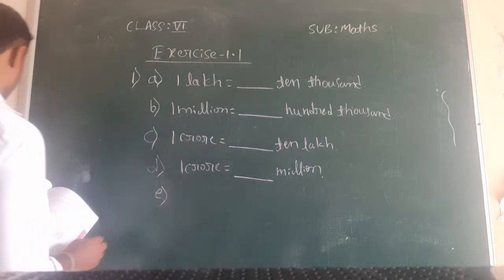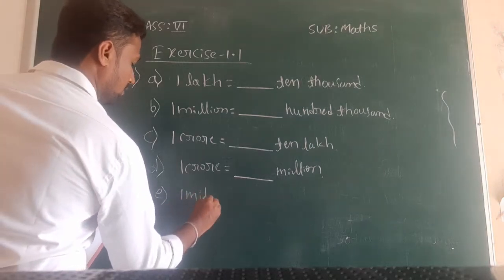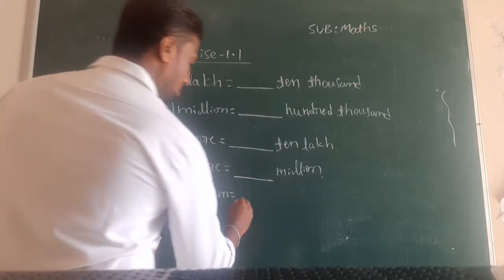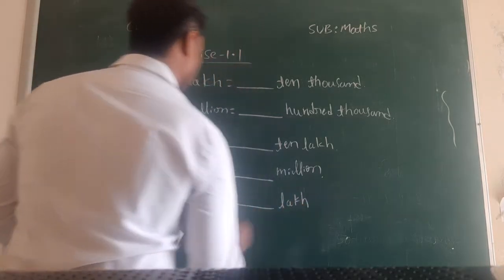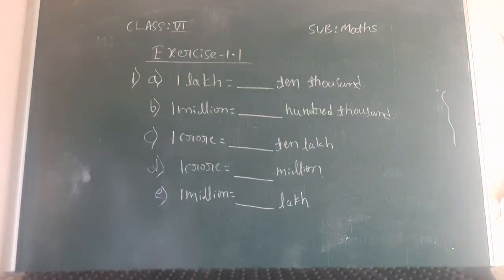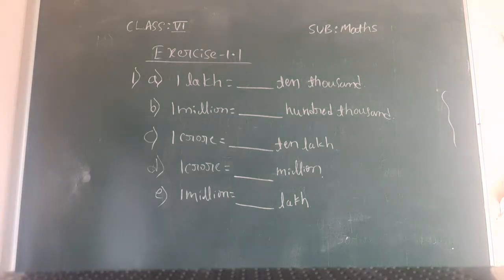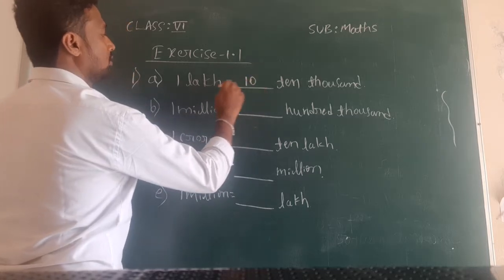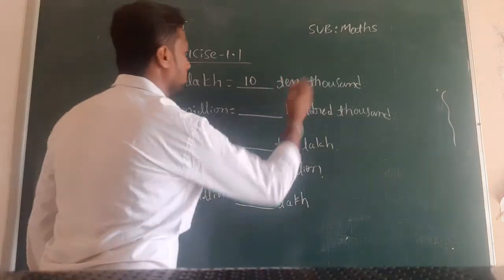Next, the last one: 1 million equals to dash lakh. For 1 million, how many lakhs are there? We have to write that.